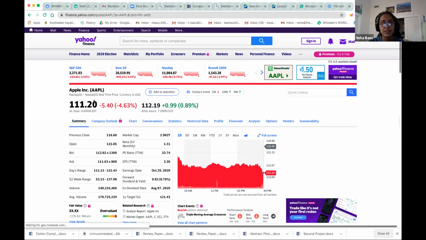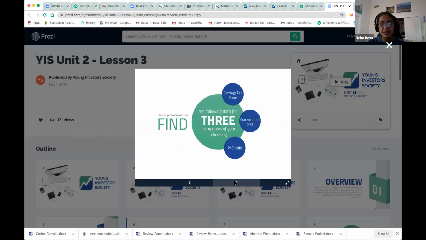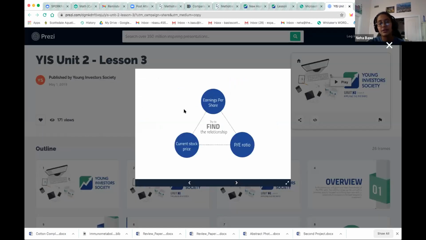So you take the price and you divide by the EPS. That's the next slide: try to find the relationship. It should show that current stock price divided by earnings per share gives you the PE ratio.